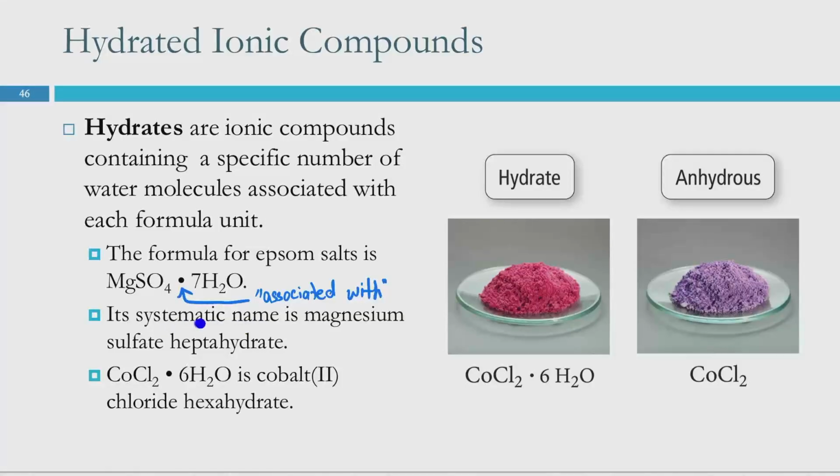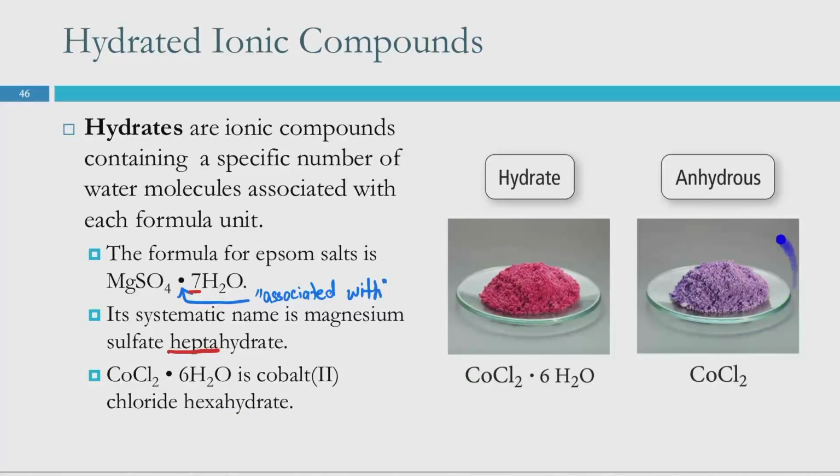So the formula for Epsom salts, like you might use if you're taking a bath, is MgSO4 dot 7H2O. The systematic name for this would be magnesium sulfate. Mg is the magnesium. It's only got one charge option. SO4 is sulfate. And then we would call it heptahydrate. The hepta prefix is for 7. Hydrate meaning waters, so 7 waters. So this is a hydrate. This is a picture of cobalt 2 chloride hexahydrate.